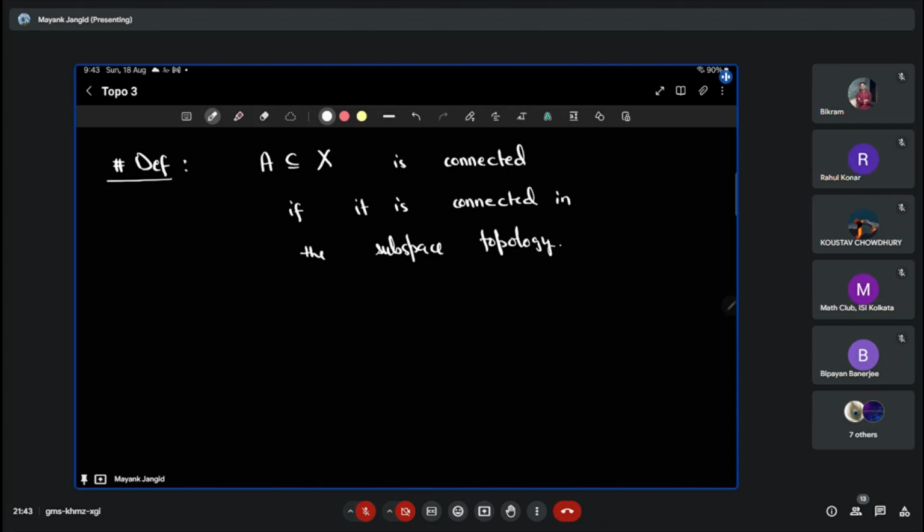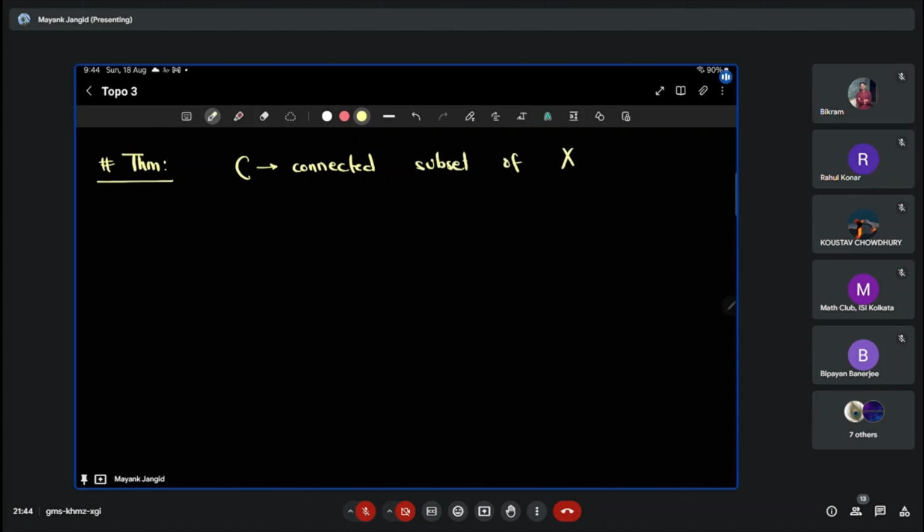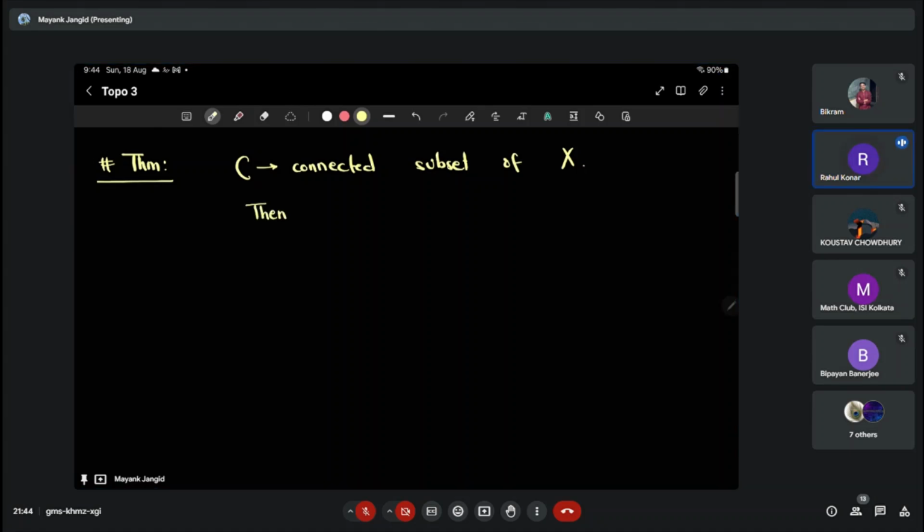And now I would like to give an important result, which is that if C is a connected subset of a topological space X, then... Could you show the last definition once more?